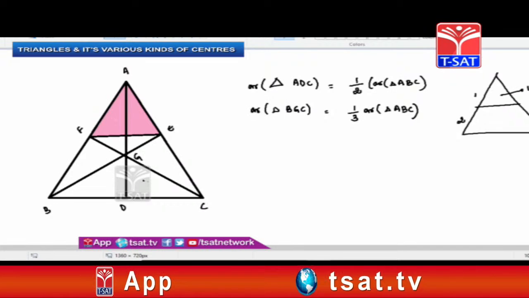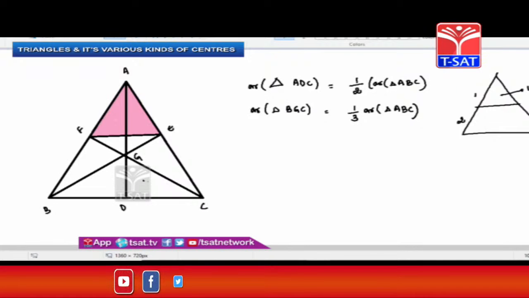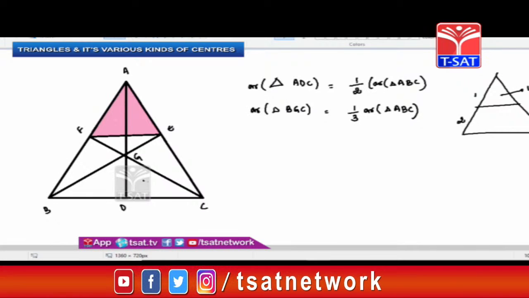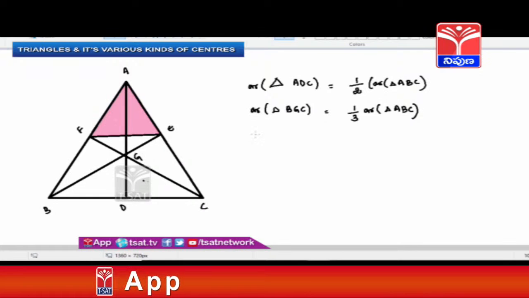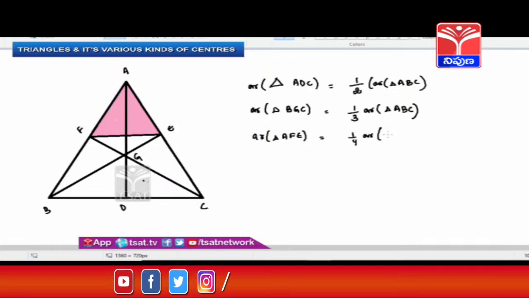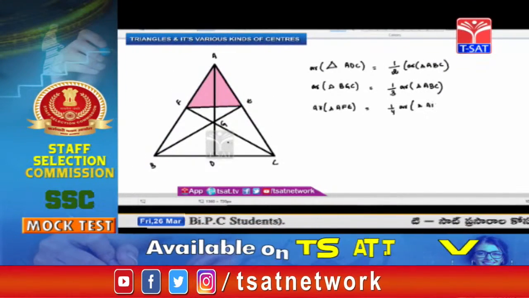Because they become similar triangles, if sides ratio is 1:2, then areas ratio will be 1:4. Therefore, triangle AFE is 1/4 of the total triangle ABC. Area of triangle AFE is equal to 1/4 of area of triangle ABC.